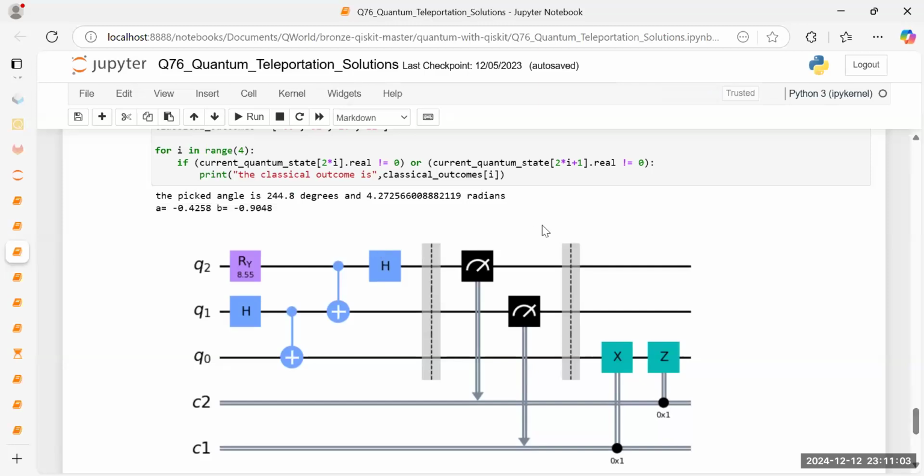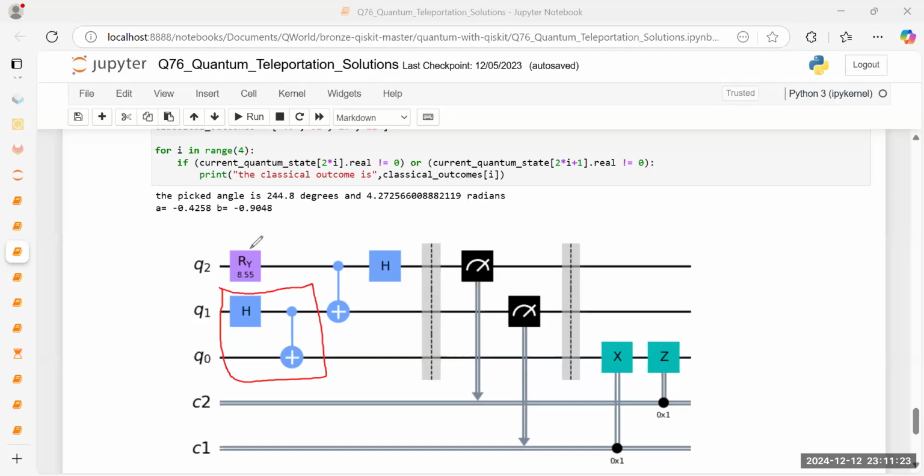Here we have a circuit for quantum teleportation. This is where they create the entangled pair, and they can go to separate locations. So they have an entangled pair at this point and they can go to separate locations.